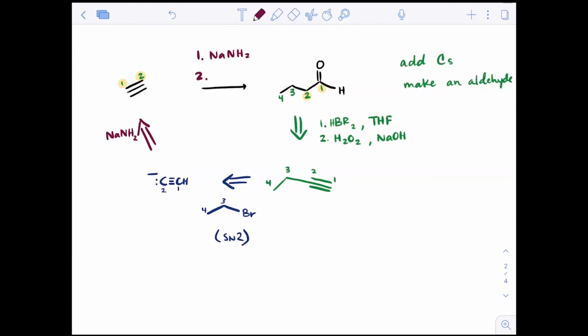And then we would add in alkyl halide with those 2 extra carbons, followed up with hydroboration oxidation as 2 separate steps. So 4 steps total for this one. Make sure hydroboration oxidation occurs in steps 3 and 4, right? 2 separate steps for those.